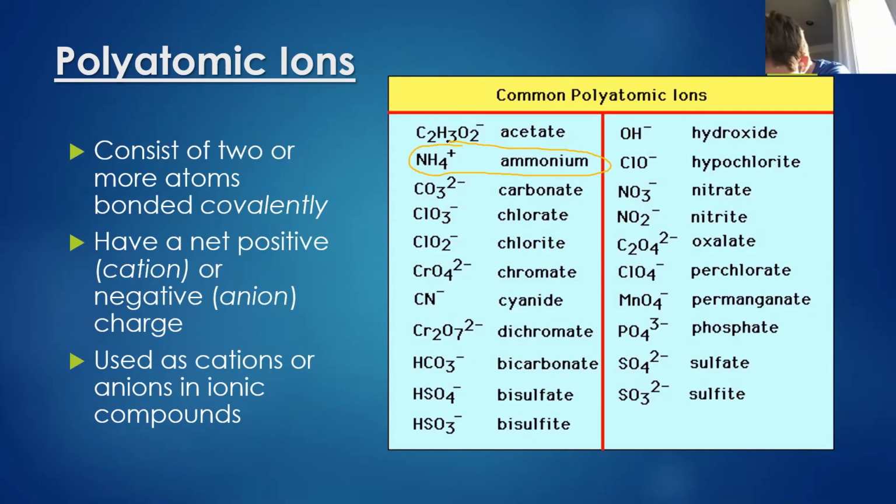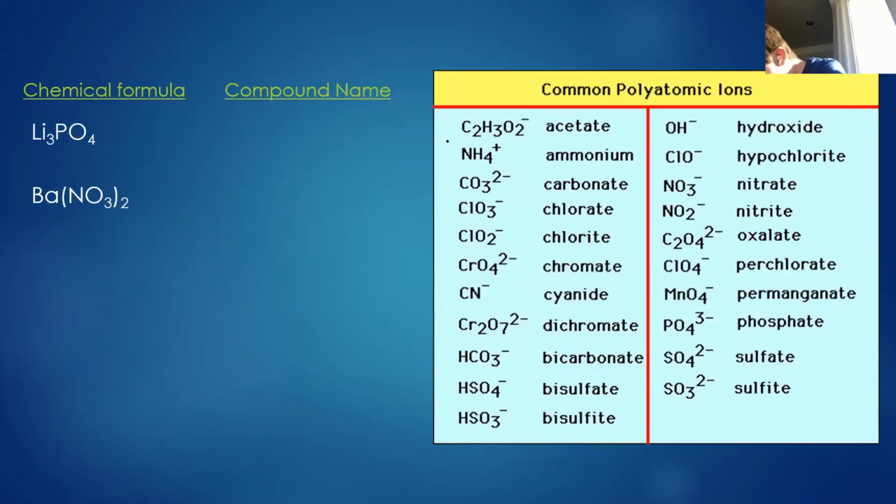So what we're going to look at next is, how do you know if a polyatomic is present? Because that's the tricky part. To figure that out, we're going to use some examples. The first chemical formula shown is Li3PO4. How do I know there's a polyatomic in here?